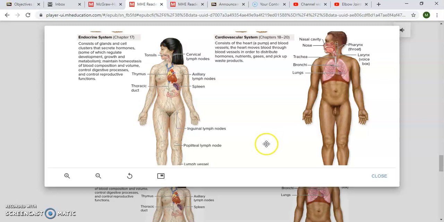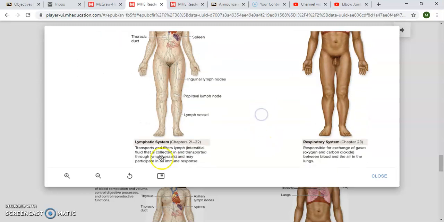Those structures are part of the lymphatic system, and they have two functions. Since they work along with the immune system, they help the body fight infections, which makes sense. Your lymph nodes will get swollen if you have an infection. So they do help with that.